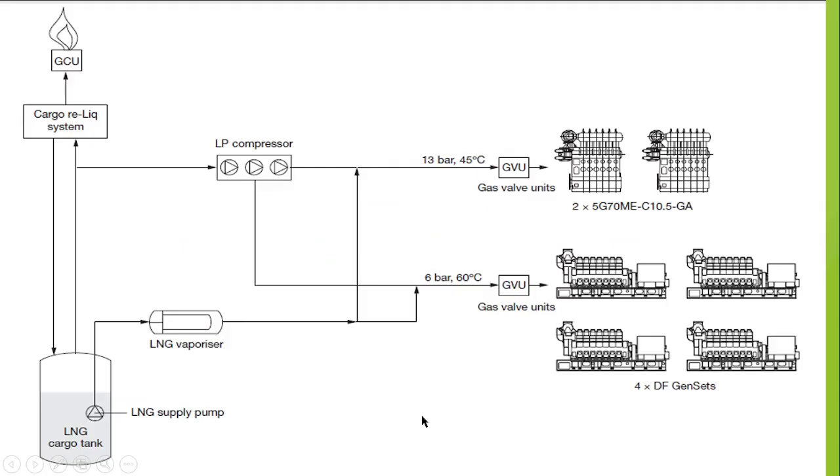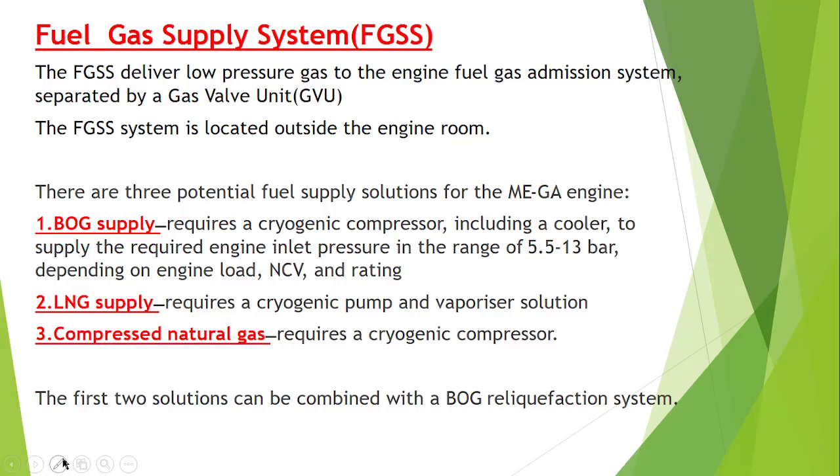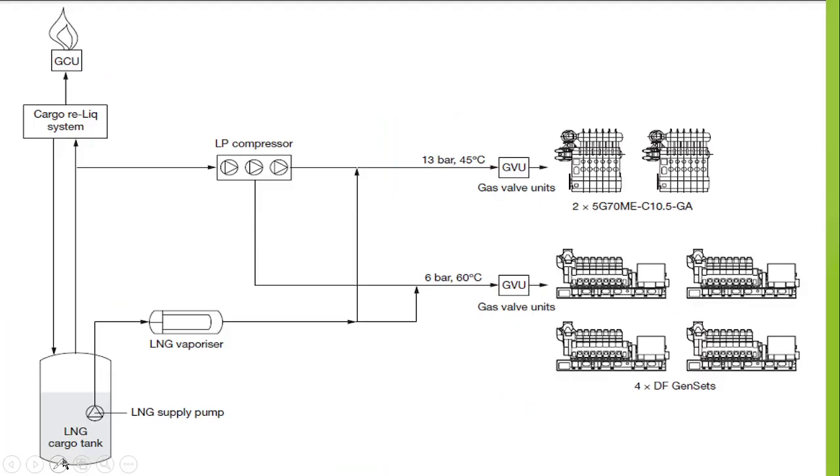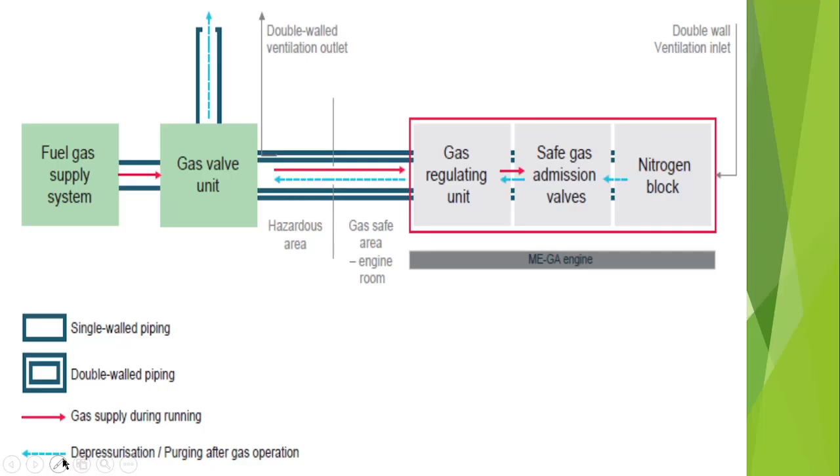So basically in the normal case, the first foremost thing you should keep in mind, if anybody asks what is the specialty of a fuel gas supply system, your answer should be that first, it is located outside the engine room.